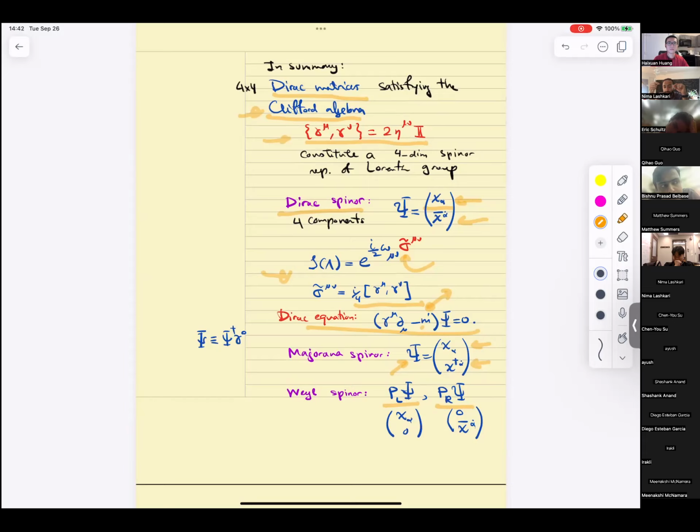The k was an index running over the generators of the group. Here, that k is two indices, mu nu, right? Why is that? Because it's lambda mu nu. Yeah, so this formula is only valid for infinitesimal transformations.